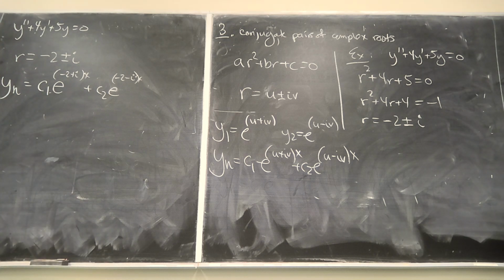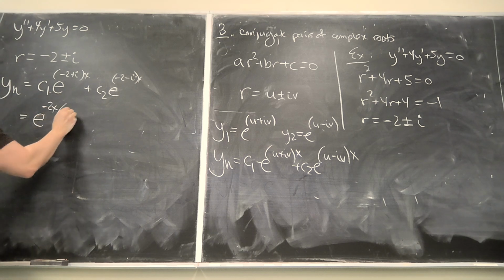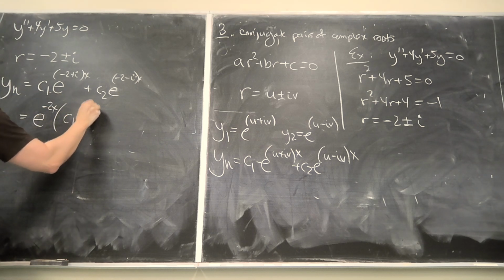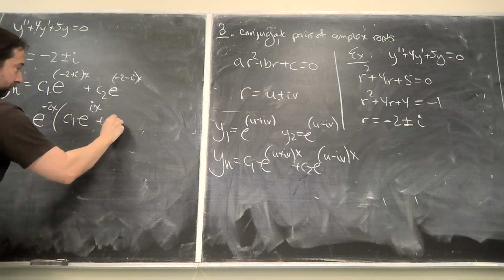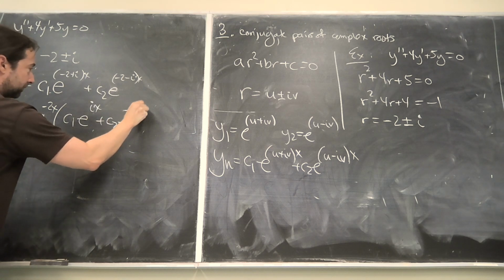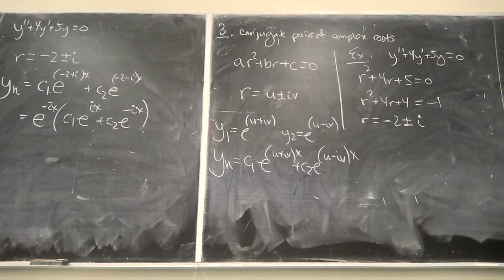And I noticed that there's an e to the minus 2x in both terms, and so it's not uncommon to write it like this. This e to the minus 2x was in both terms, and so I can factor it out.